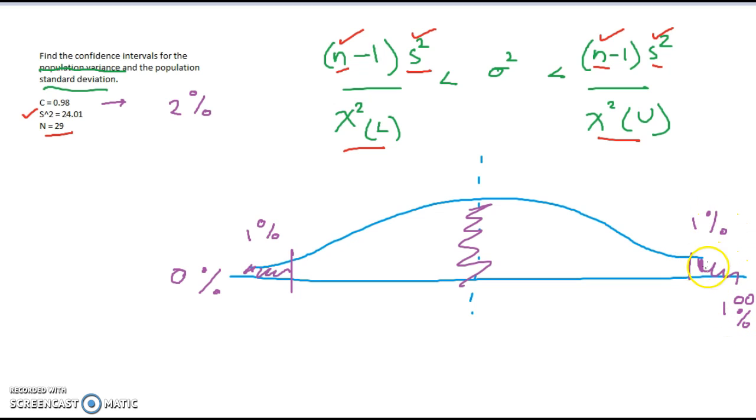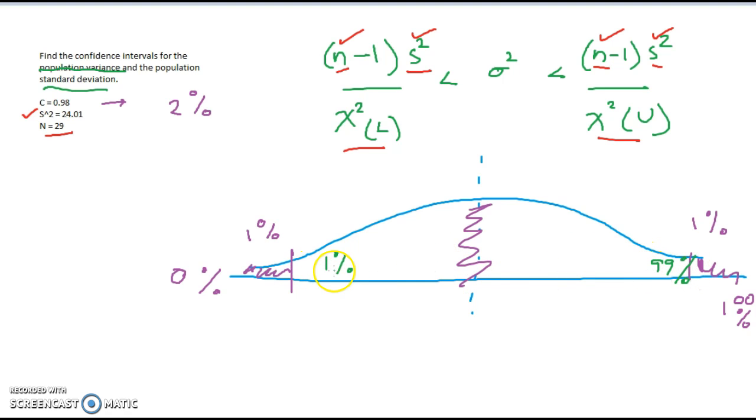When we're calculating the lower and upper limits, if we're allowed a 1% error at the 100% level, then 100% minus 1% means it's 99% up to here. And the same thing goes for 0%: we're allowed a 1% error, so that means we're allowing a 1% error on this end.